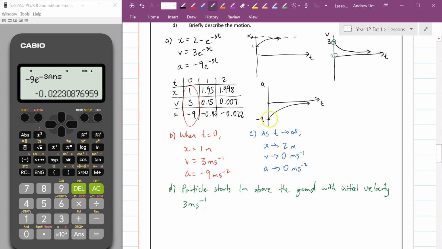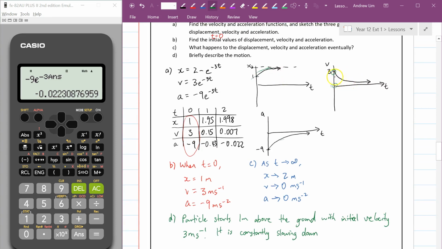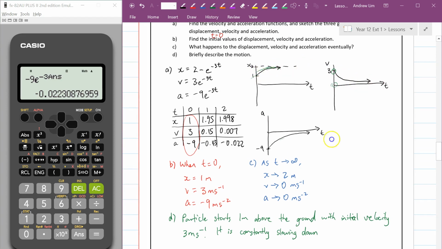But we can see here that it's constantly slowing down because the gradient is getting flatter and flatter. Which is why we can see here that the velocity is approaching 0, because the gradient is approaching 0.